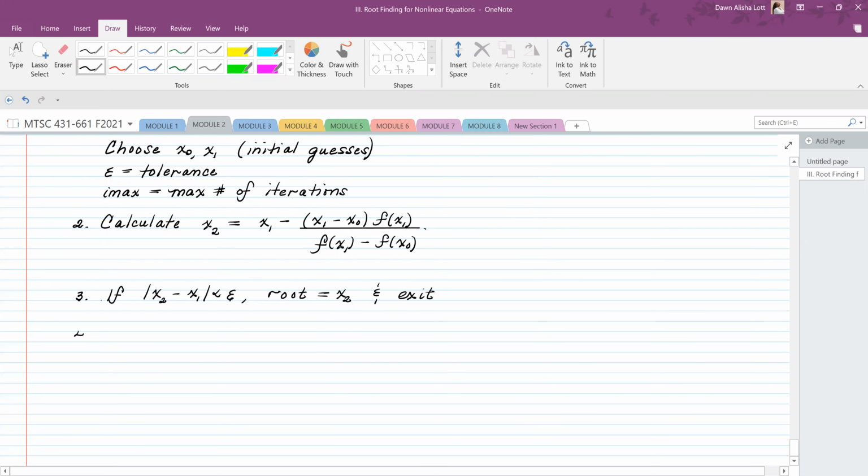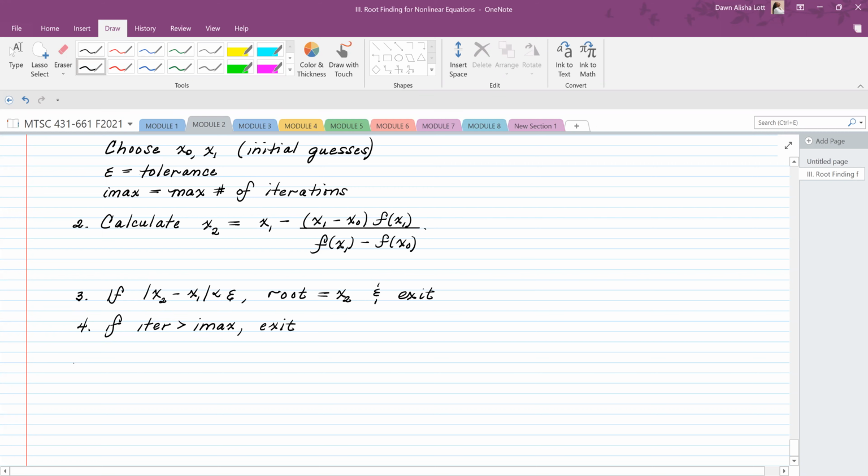Next step. Now we're going to increment the iterate. If iter is greater than Imax, that means we've done all the ones we were supposed to do. Let's quit. I was only supposed to do 50, I did them, I'm done.